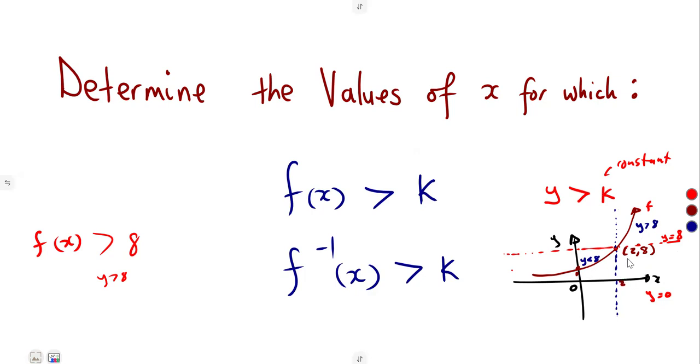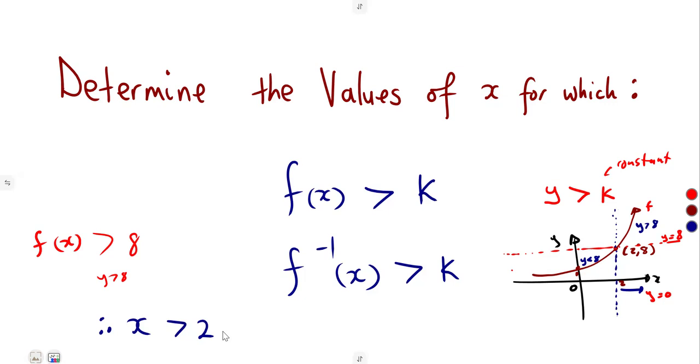So where f of x is greater than 8, we compare from the critical value where x is equal to 2. Therefore, for us to have y greater than 8, these are the x values from 2 going this side. So x is greater than 2. So this is how you can answer these questions.